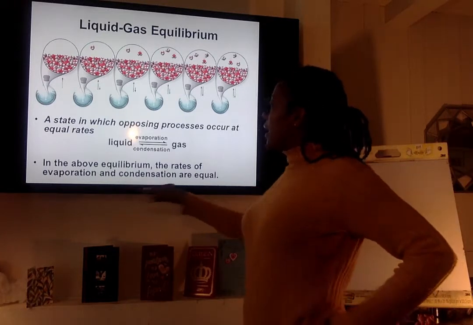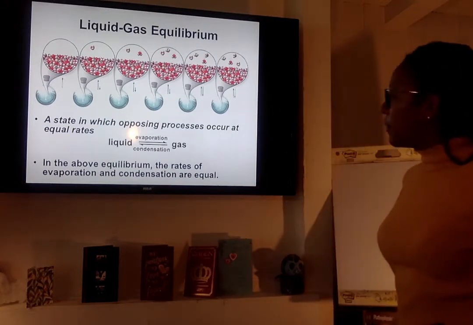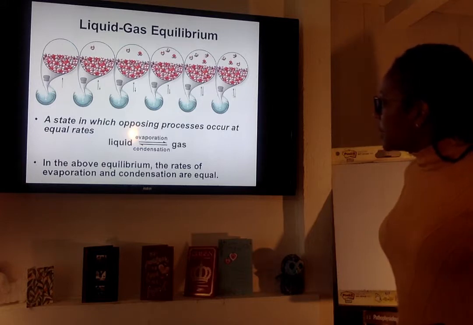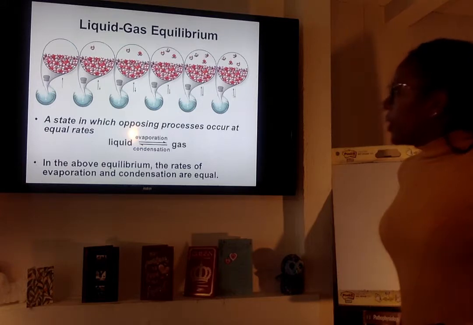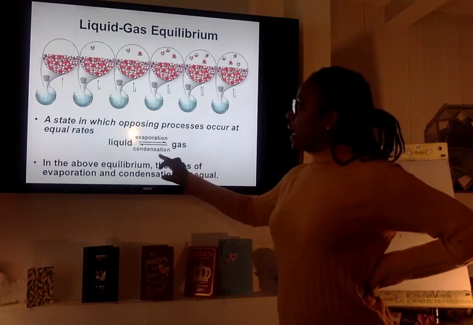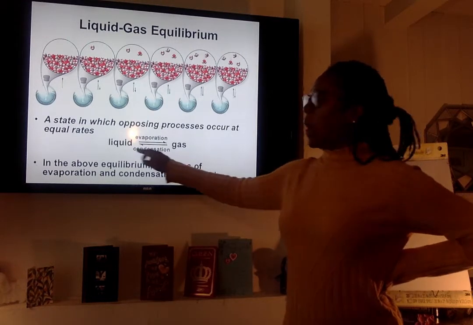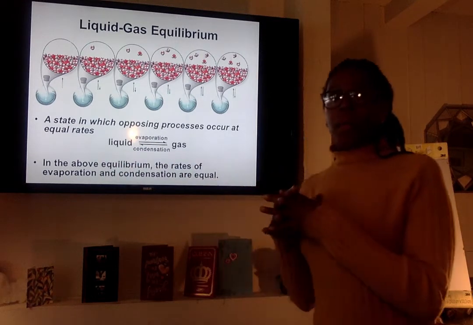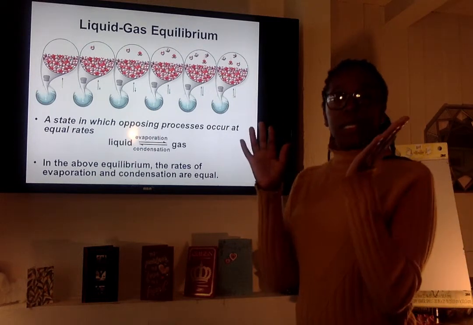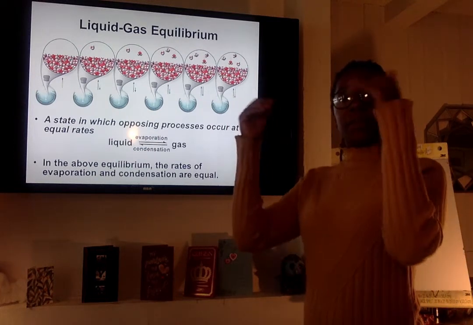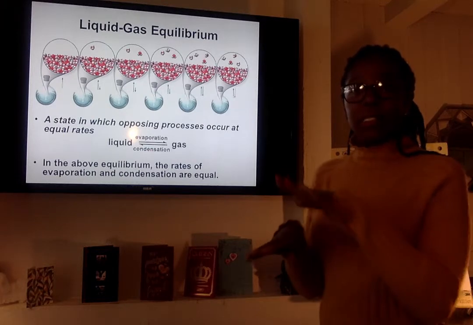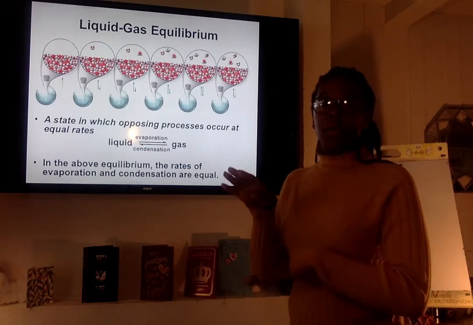So in the above equilibrium, the rates of evaporation and condensation are equal. What this is basically saying is that this process of the liquid turning into a steam or a gas, and then that gas going into a liquid, is going to happen at the same rate.